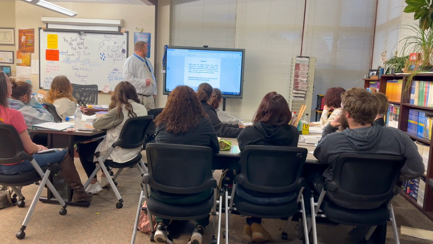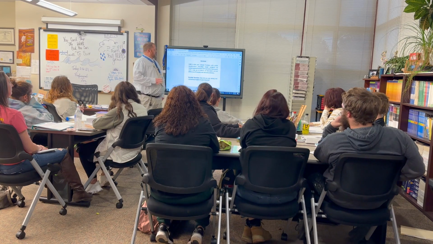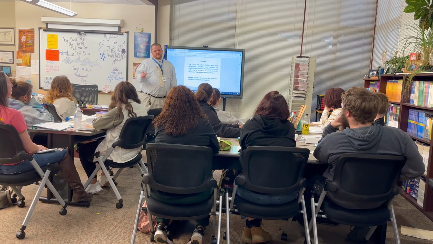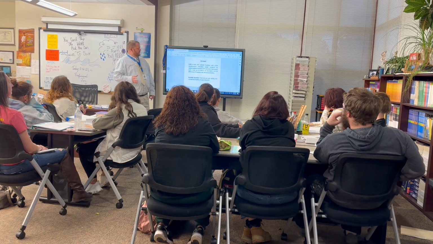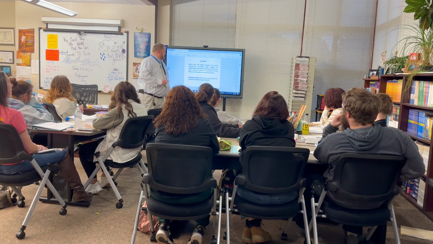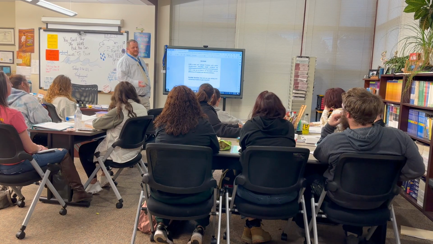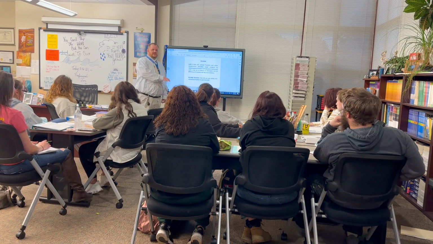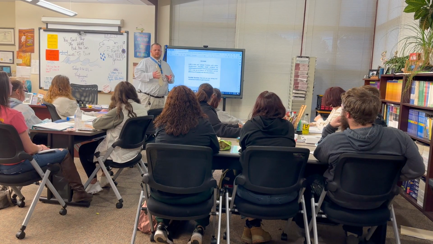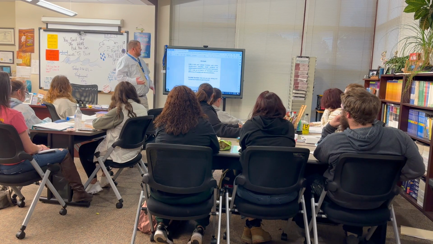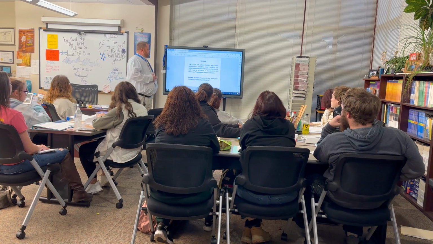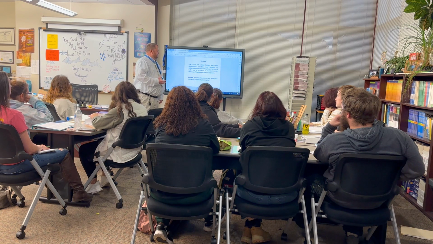So tonight's standard 5 in F1: add and subtract fractions with unlike denominators. We did talk a little bit last time about adding like fractions, including mixed numbers, by replacing the given fractions with equivalent fractions, in such a way to produce an equivalent sum or difference of fractions with like denominators.